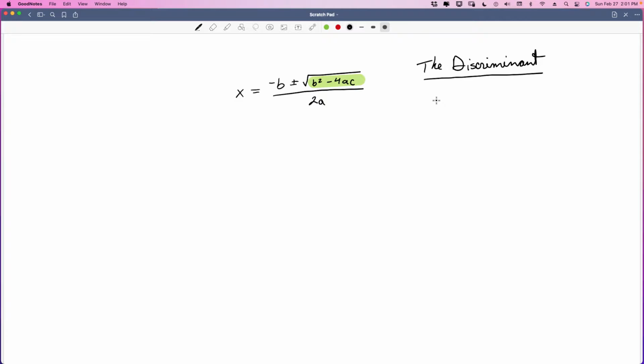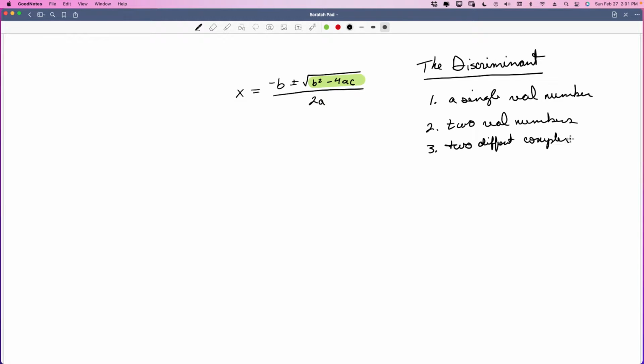Now, we learned in lesson 70 that there are three types of answers. You could get a single real number, right? You could get two real numbers, or you could get two different complex numbers.